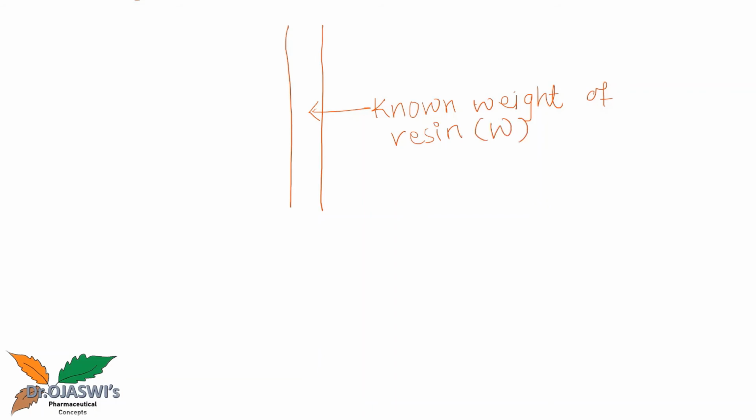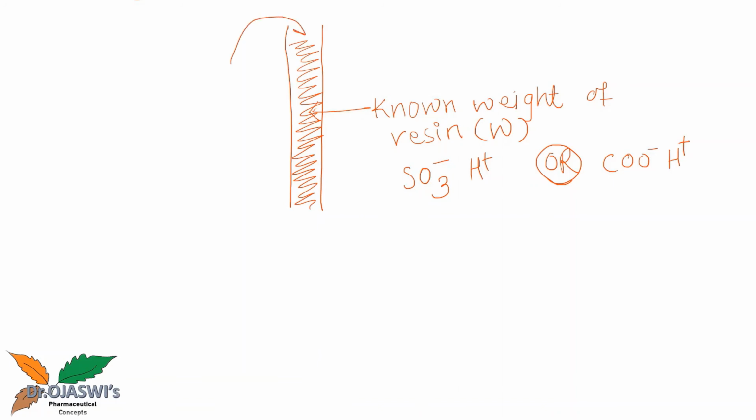This resin could be SO3 minus H plus, or it could be COO minus H plus; this is just an example. The column is filled with this resin, and the weight W is known. Now in this column we add sodium chloride, Na plus Cl minus, and the concentration of sodium chloride we add is also known.